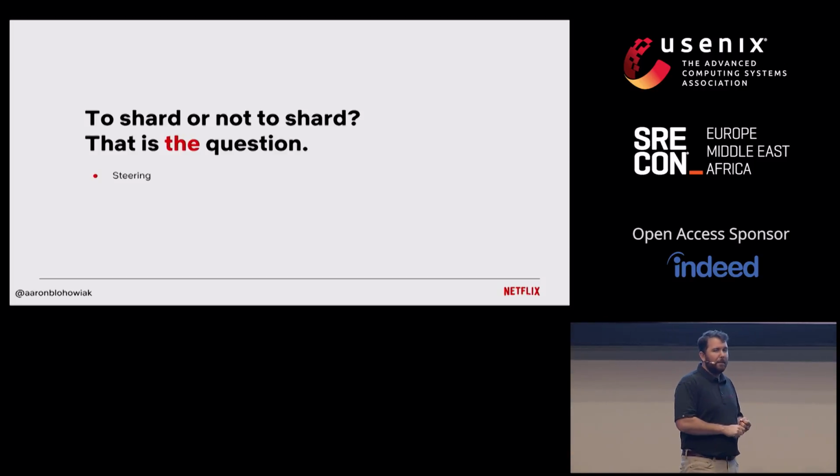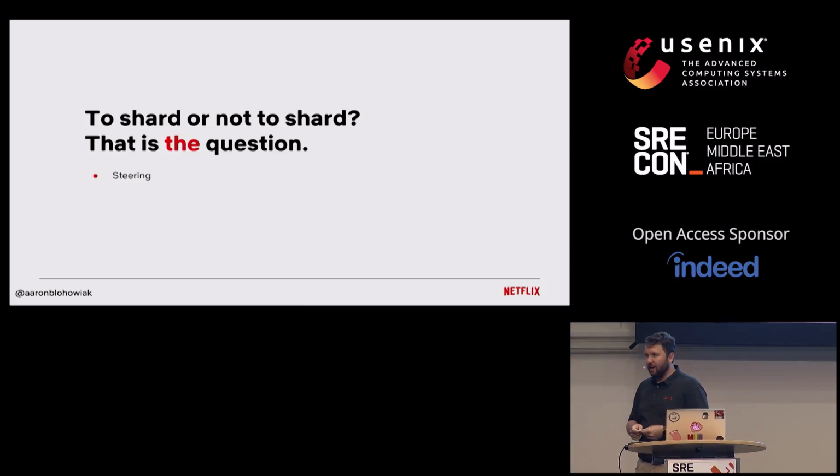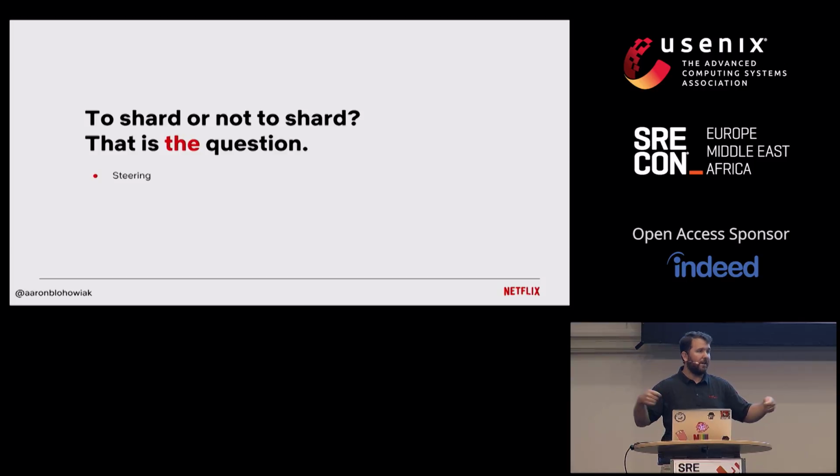It means our ability to steer can be as simple as using GeoDNS or DNS resolver prefix steering. We don't have to worry, what if somebody shows up in the wrong region? Because there is no such thing. With having user-specific steering, you have to pick, are you going to do it at the application layer? Are you going to have a bunch of proxies sitting in your POPs at your edges that then direct users to the right region? Or are users going to show up at any region and then pay for another cross-region hop? Those are all the kinds of things that you have to think about when you get into data sharding.